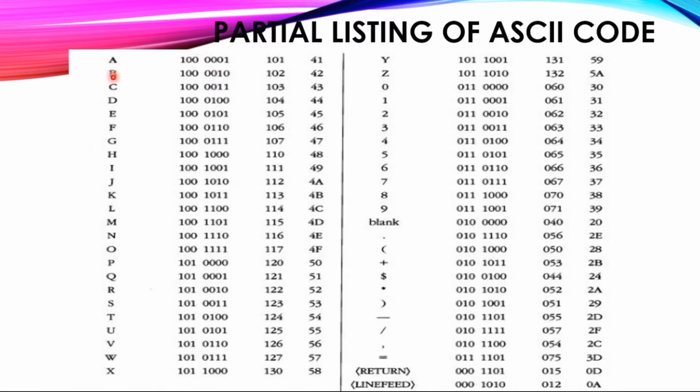So on, your B is 66, 67, 68, so on. So this is how the characters are represented in the memory. So here is the example for all capital letters. The representation for small letters will be different, and this is their digit, and these are the special characters you can see over here. So this is your ASCII code.